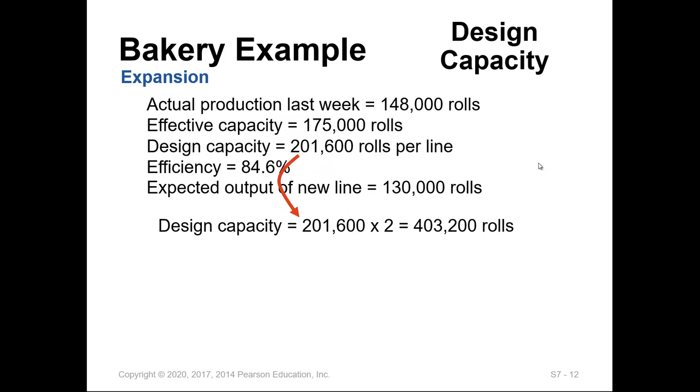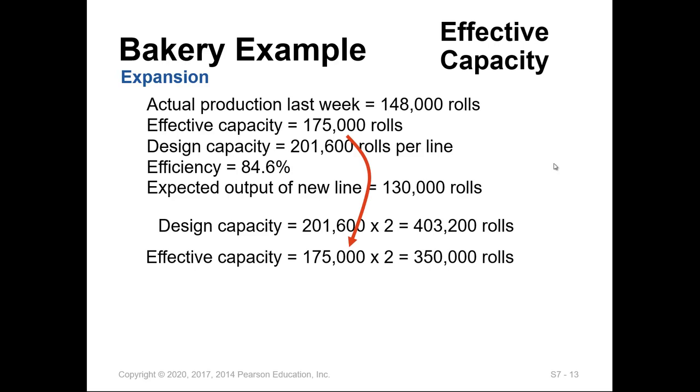If the bakery management decided to expand their operations to include a second line, the design capacity will double to 403,200 rolls per week. The expected production of the new line is 130,000 rolls per week.